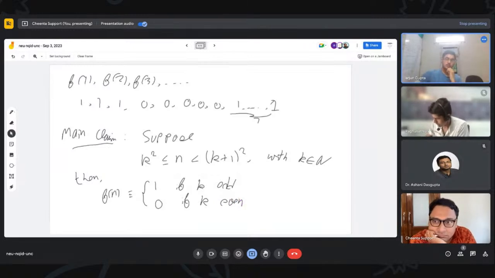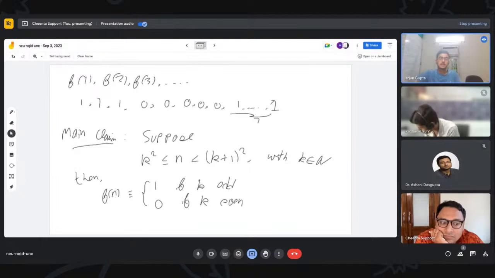I'll tell the motivation behind this claim and then I'll tell the proof. You would have already observed that f changes only at squares, so it only matters between which two squares n lies. If two numbers a and b are between the same squares, with no square number between them, they have the same f value.